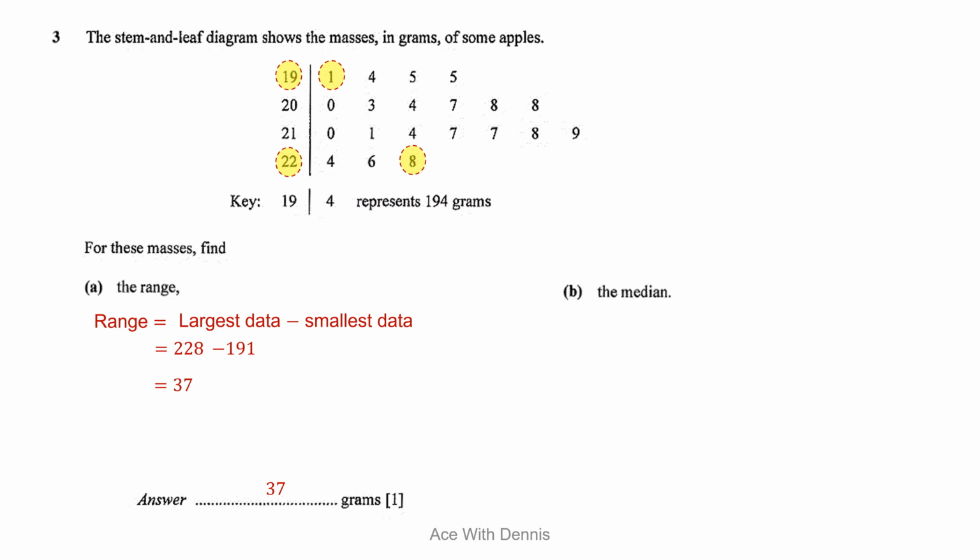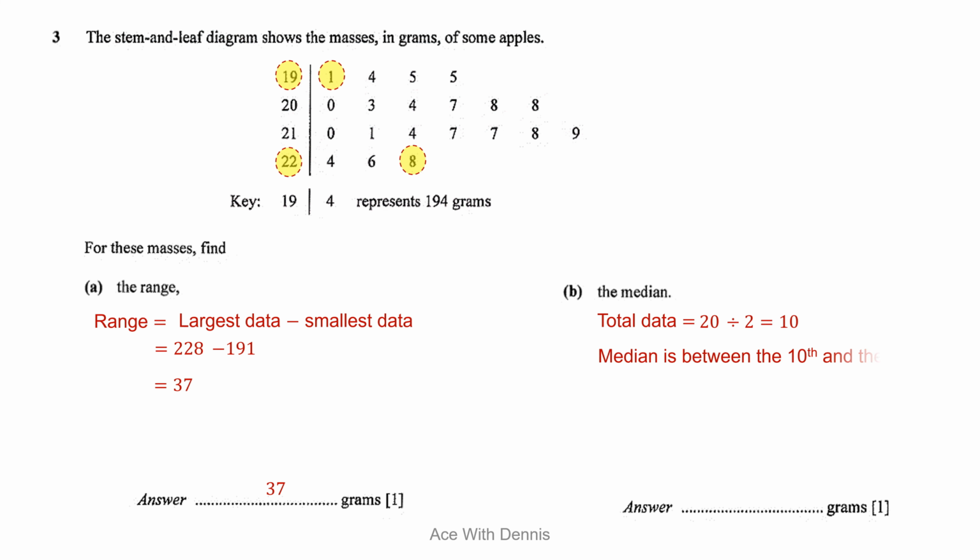B. Find the median. 1 mark. From this stem and leaf diagram, we know that the total data is 20. So we take 20 divided by 2, which is 10. This means that the median is between the 10th and the 11th data.